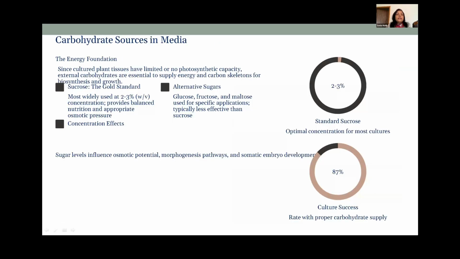Another important thing in the media is the carbohydrate source. It is generally in the form of sucrose, because for the plants, all the metabolism is dependent on the carbohydrate source. Outside, they make their own food and don't need sucrose, because they utilize chlorophyll, water and sunlight.